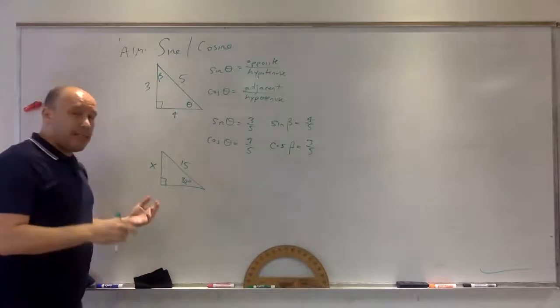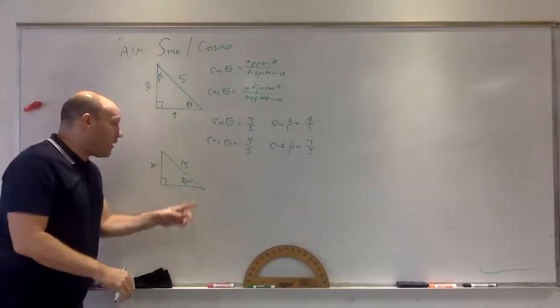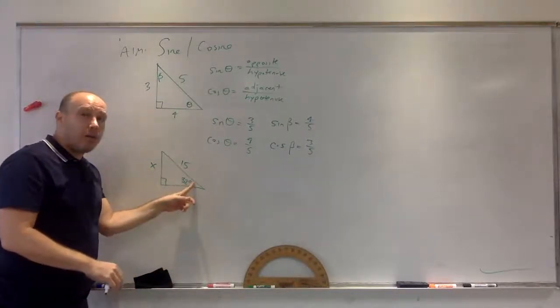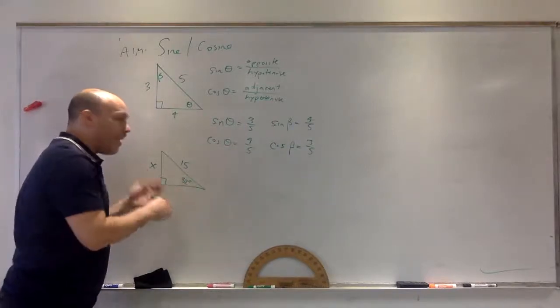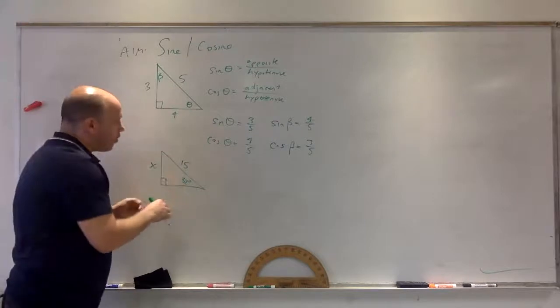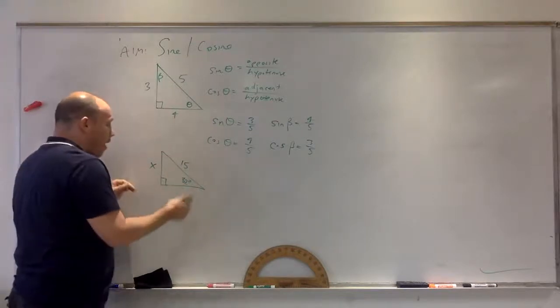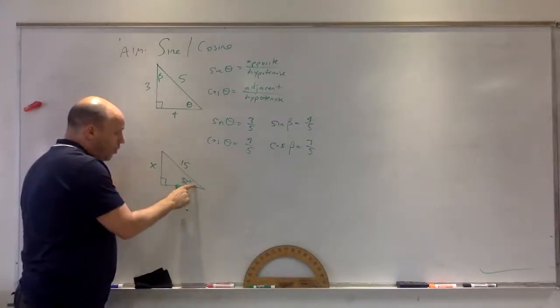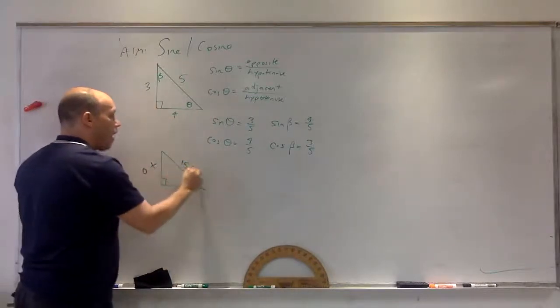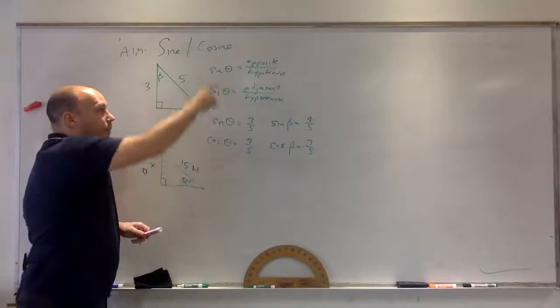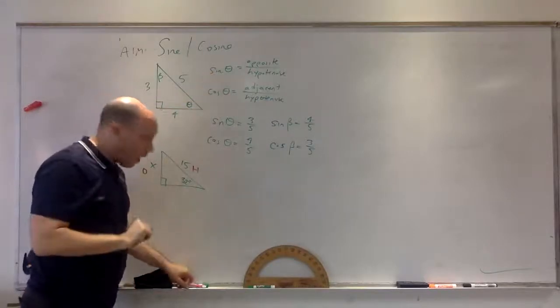It's the same idea as with the tangent. You're standing at the angle, and you say, what is given, what's unknown? If I'm standing at 32, this is the opposite, and this is the hypotenuse. So opposite over hypotenuse, that's sine.